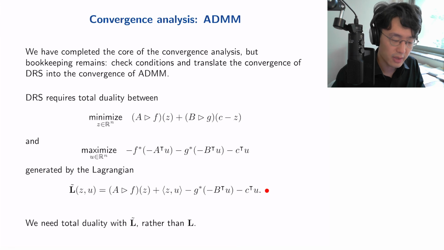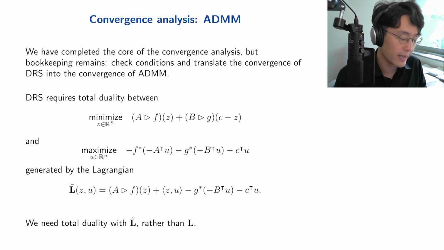Interestingly, this augmented Lagrangian, the L tilde, if we compare that to the other Lagrangian, the original Lagrangian L, the two Lagrangians generate equivalent but slightly different primal problems, but they generate the same dual problem.